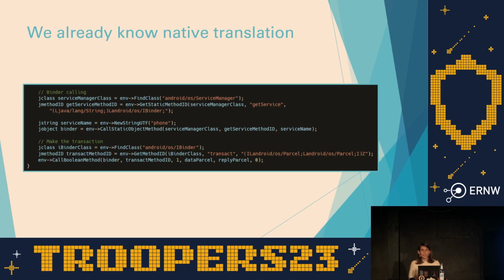So this is getting a handle to our service manager class, but we're doing this via the Java Native Interface instead. If you remember when we translated from Java to C++, we had to use all of these JNI methods to perform our invocation. And then I'm not sure if you can see, but on the bottom part there, we're creating our parcel objects and doing the binder transact call.